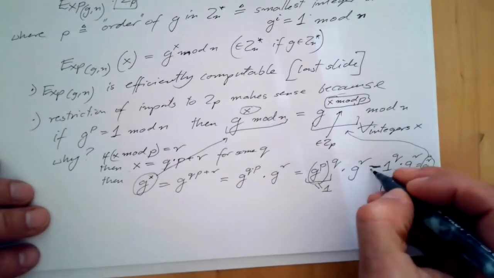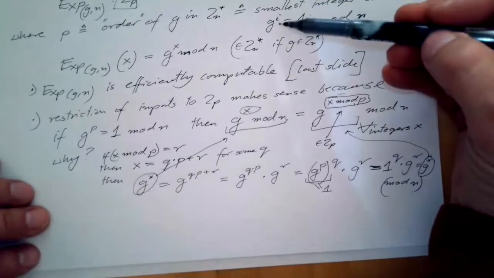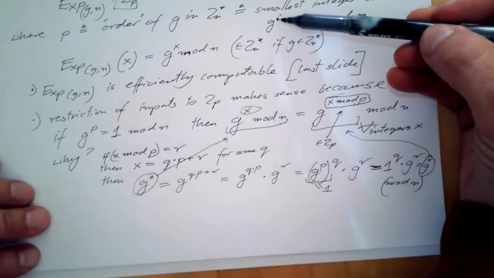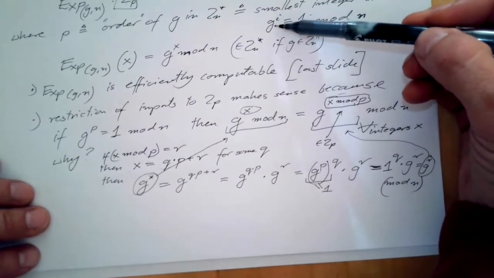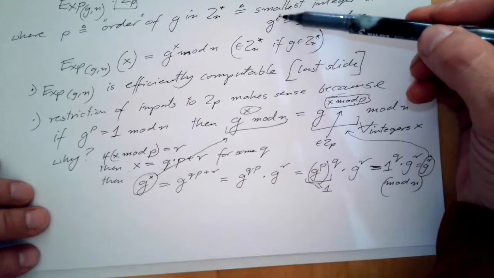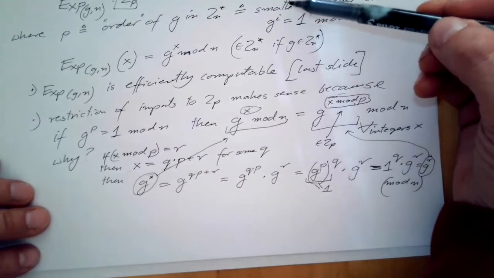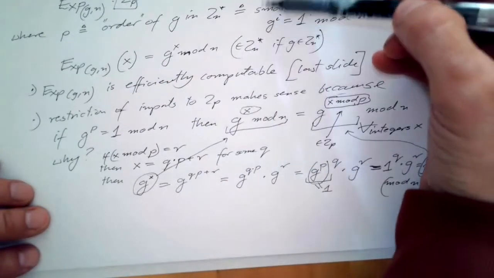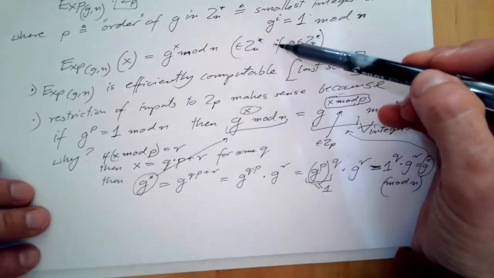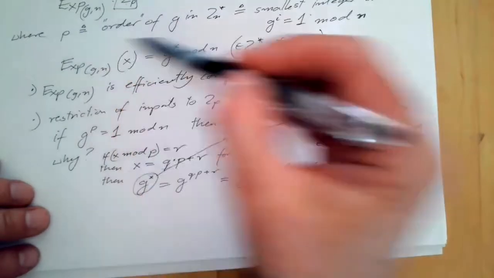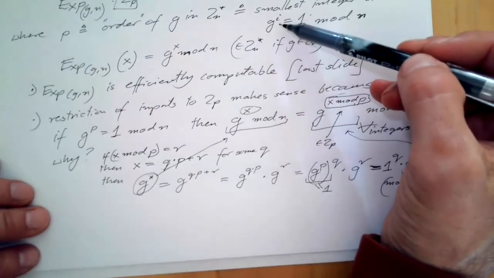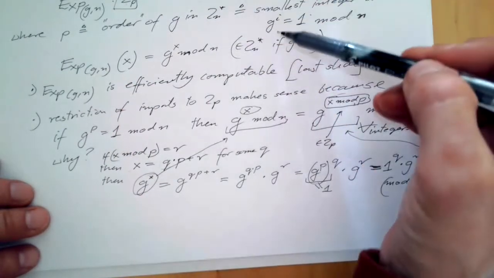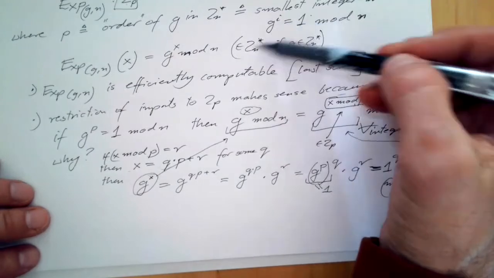So that's why, if p is the length of the cycle, if you look at g and multiply it by itself, by the time you do it p times, you're coming back to unity. If you do it one more time, you're coming back to g. One more time and it's g squared, and then it's g cubed.